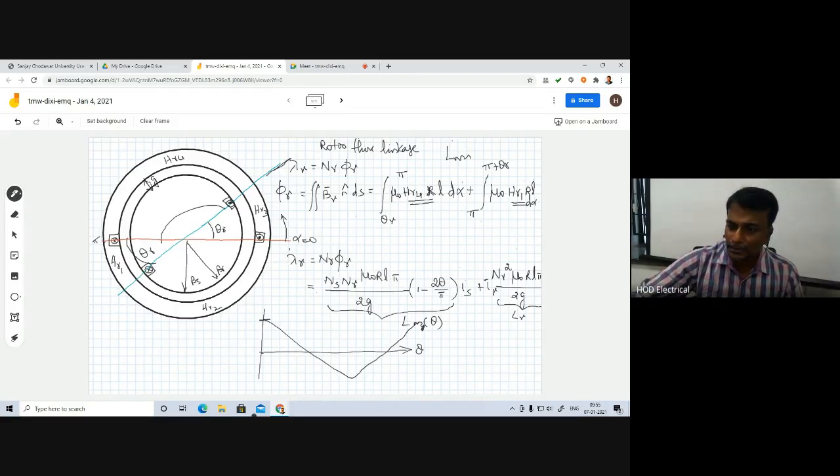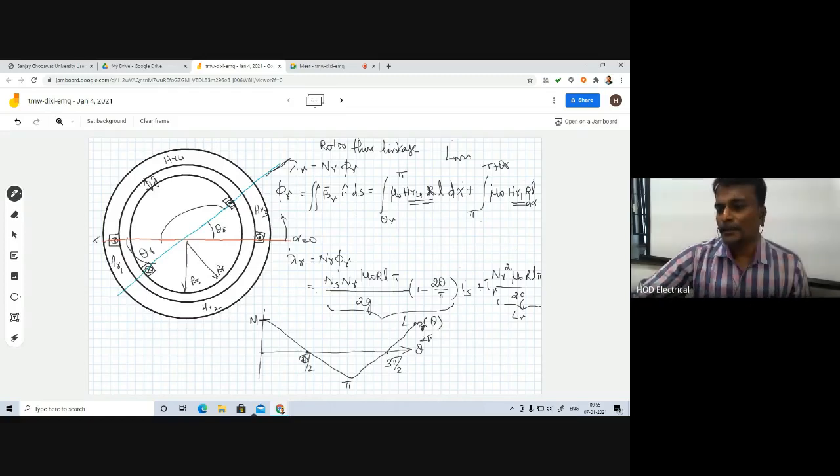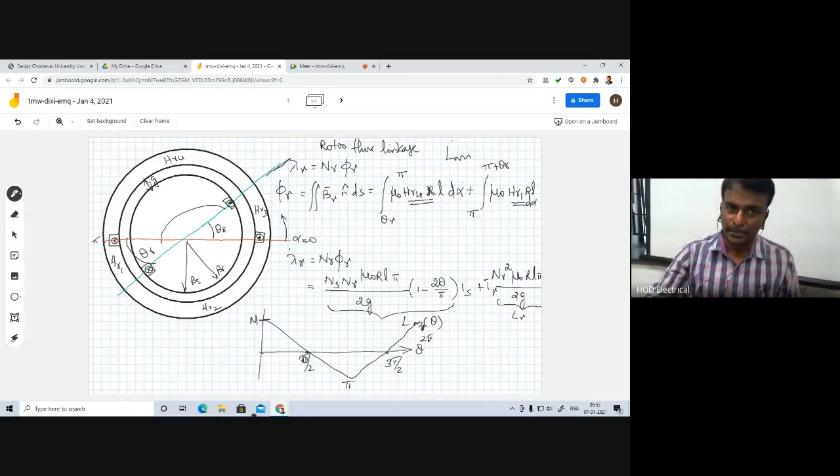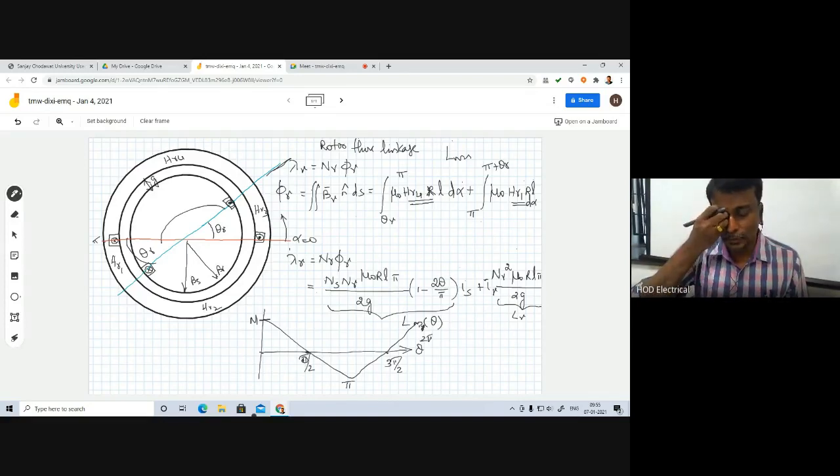So this is the magnitude of M. Then this will be magnitude of 0, this is for pi by 2, then this is for pi, then this is for 3 pi by 2, then here it is for 2 pi. Like that, the mutual inductance effect will vary.